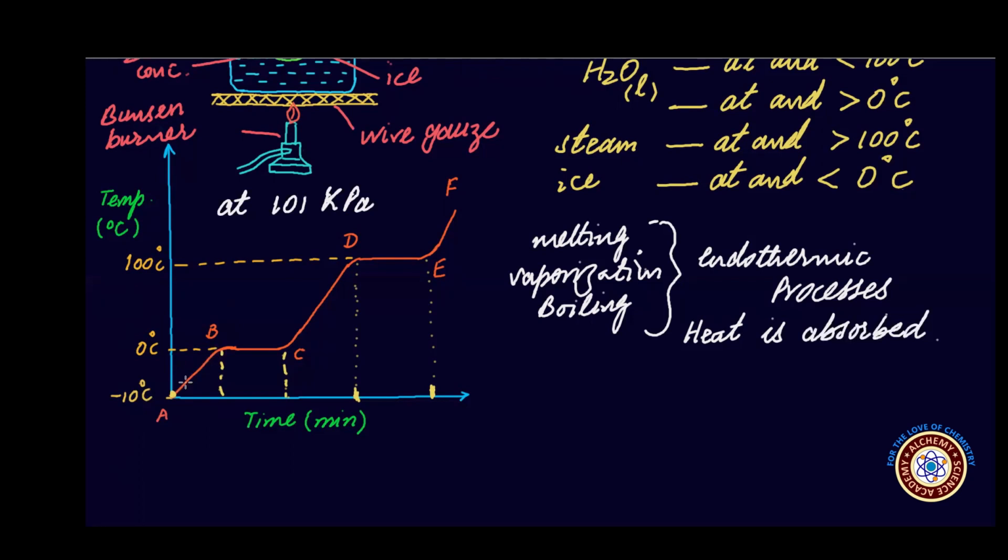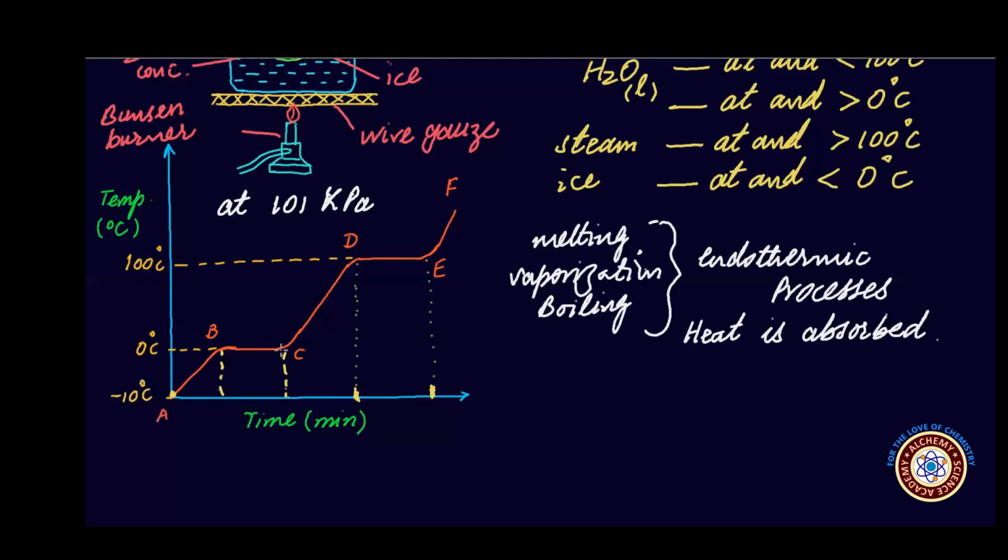Since the kinetic energy is a direct measure of the temperature of matter, the absorption of heat increases the temperature of ice from minus 10 to 0 degrees Celsius, and we see that from 0 degrees Celsius onwards, when we heat, the temperature of ice does not change until the entire ice turns into liquid state.